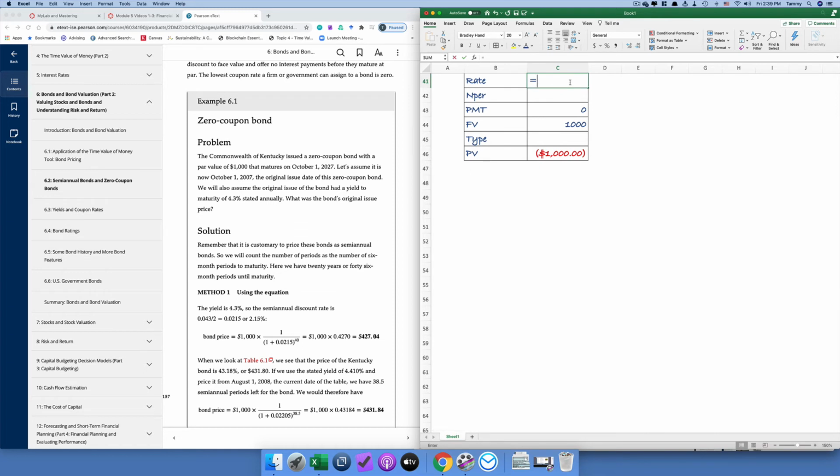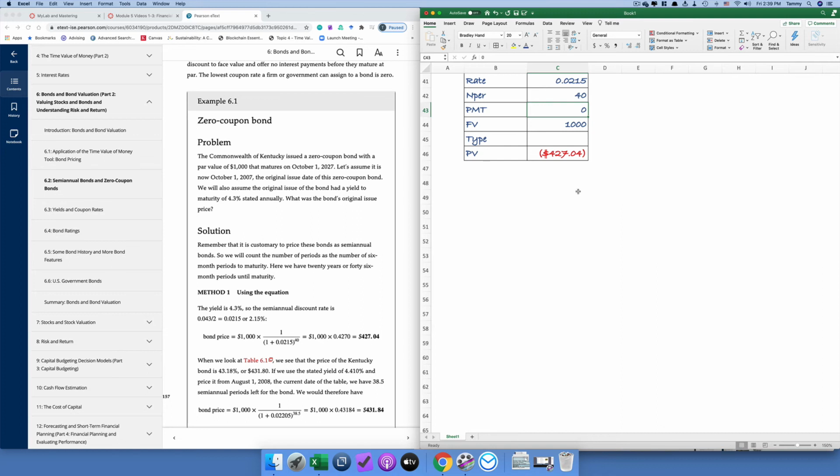So this is going to be 0.043 divided by 2, 0.0215. And we need to figure out what the number of periods are. So this is a 20-year bond, so that means it's 40 periods. So our present value should be $427.04, which in fact it was.